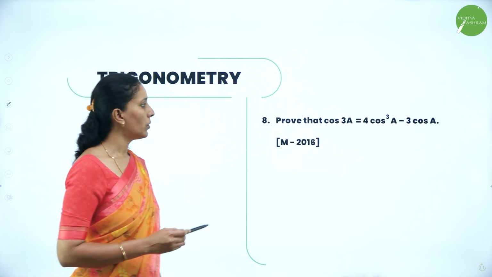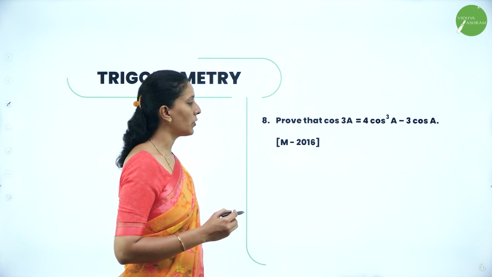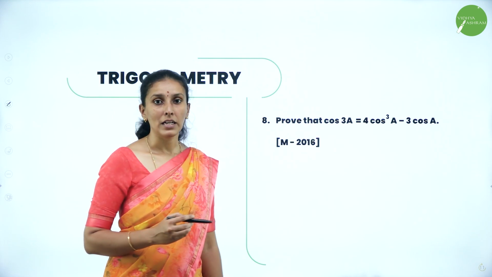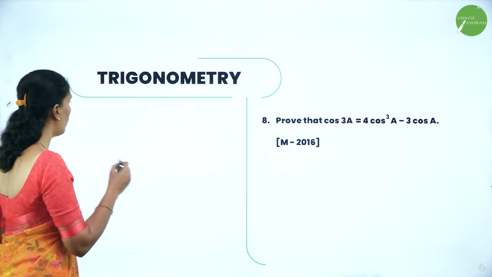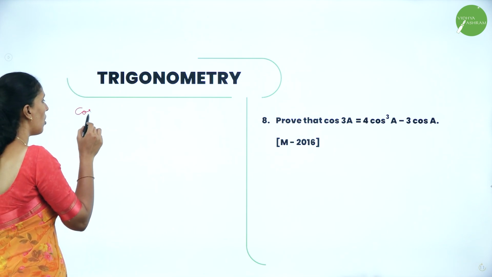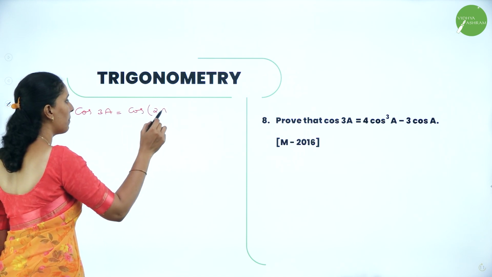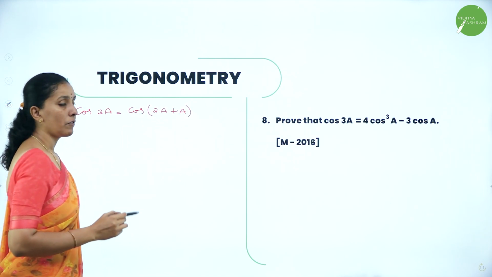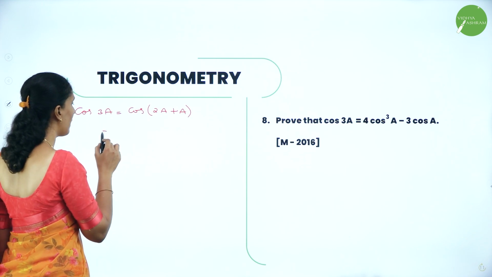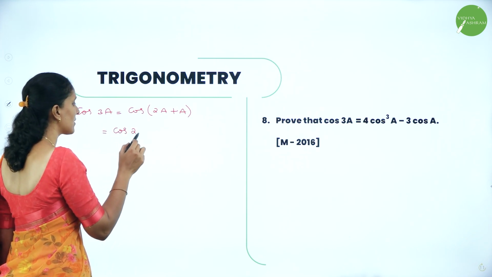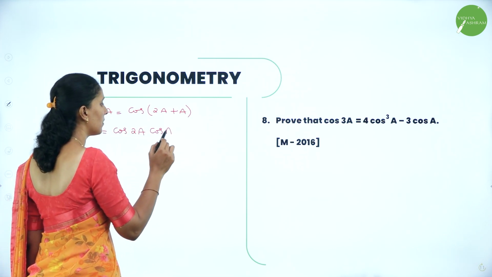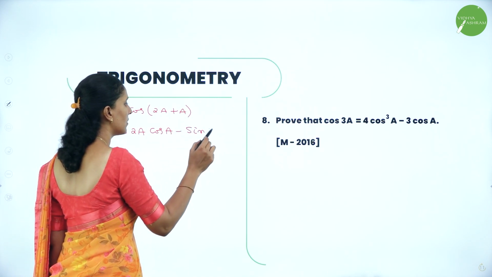Next, prove that cos 3a is equal to 4 cos cube a minus 3 cos a. So therefore, let me take this as cos 3a as cos 2a plus a. Now using cos x plus y formula, I can write this as cos x cos y minus sin x sin y.